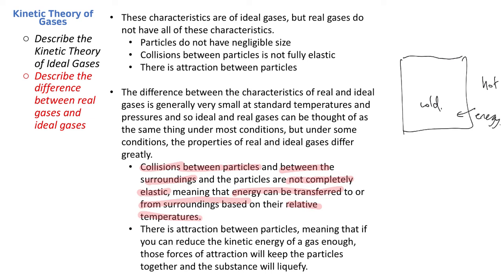The particles inside, when they collide with a wall, are going to bounce off. As they collide with that wall, they might have low energy, and then when they bounce back, they'll have slightly higher energy, because a little bit of energy has been transferred from the container wall to the particle, so it's moving slightly faster. And so eventually the cold gas inside will reach the same temperature as the hot outside.